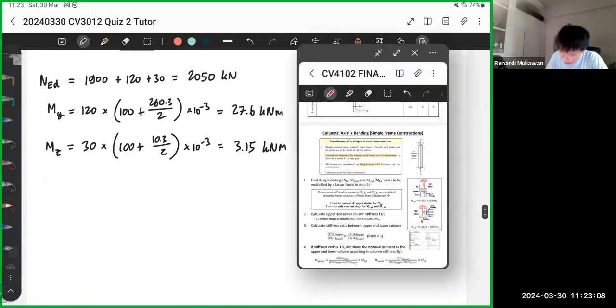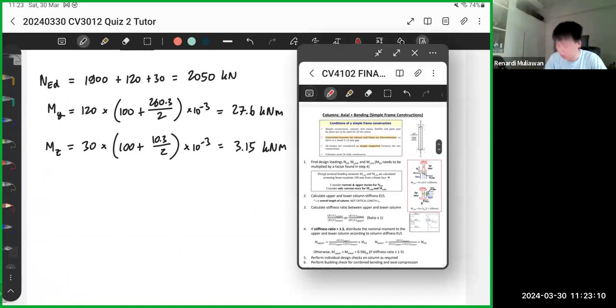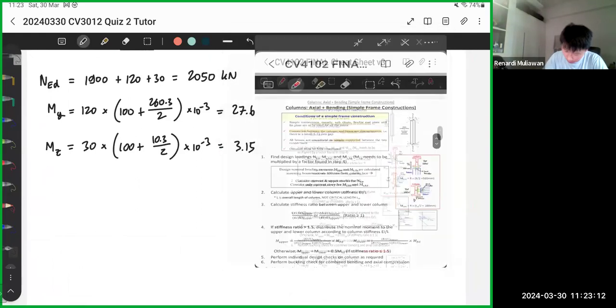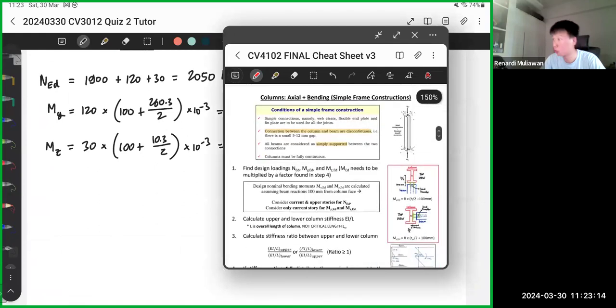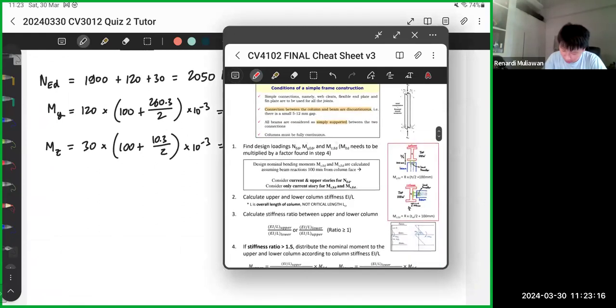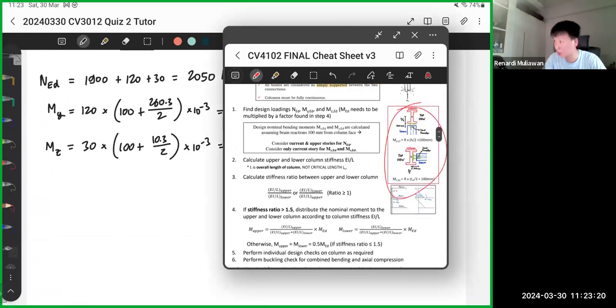Okay, so I put it inside the cheat sheet in this page. So you see, just go to simple frame constructions. Then you'll see NED, MYED, MZD. These are the calculations just now. Then we have this one. Calculate the upper and lower column stiffness, and then you take the stiffness ratio.